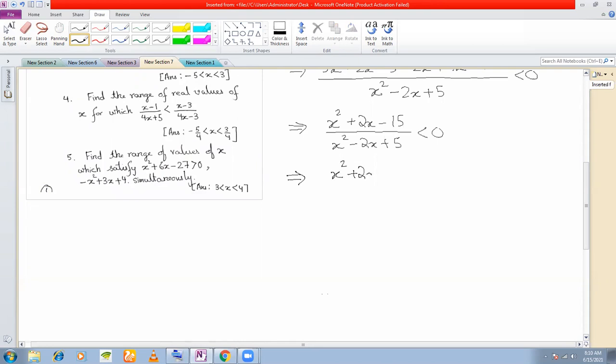How will you show? Just as when you are doing quadratic theory, so you have x square plus 2x. Let's write this as 2 into 1 into x.